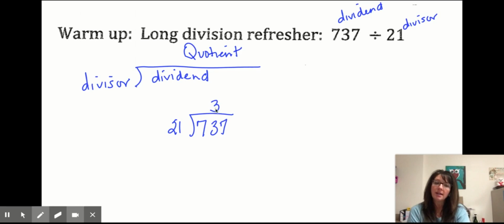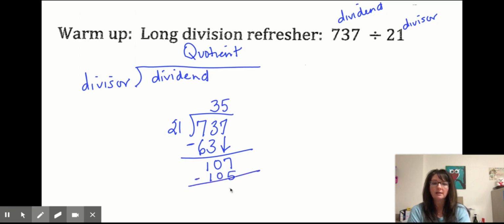Then you have to come back and check it, and you go 3 times 1 is 3, and 3 times 2 is 6. Then we subtract. Is this ringing bells? You guys remember doing this? Okay, 21 into 10, can't do it, so we bring down the next number and take 21 into 107. Goes in about 5 times. 5 times 1 and 5 times 2, and we're going to subtract.